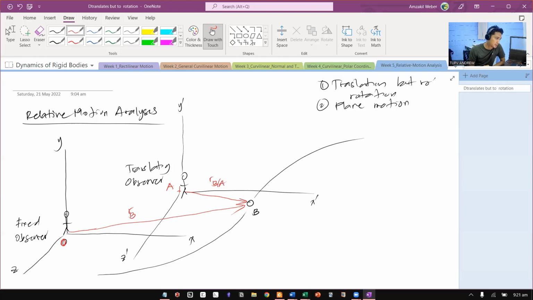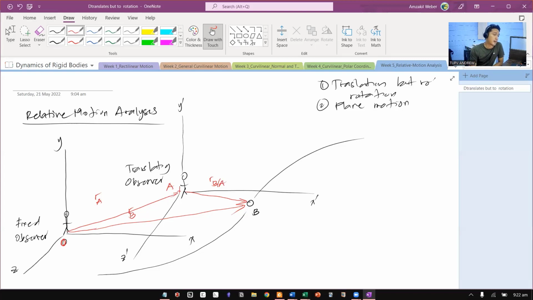Now, the person that is also in motion has a position with respect to the fixed observer, and we call it RA, because that is person A with respect to the fixed observer, RA only.